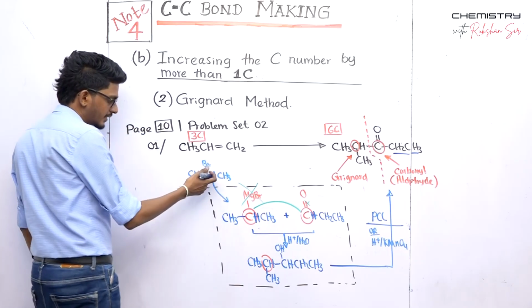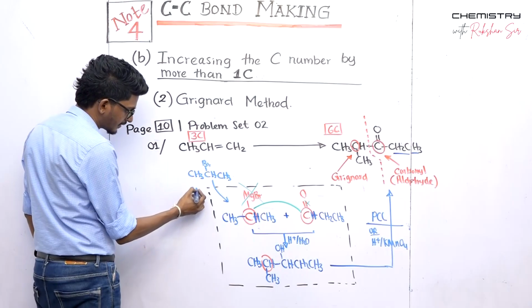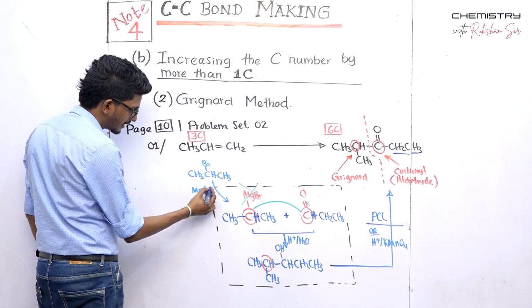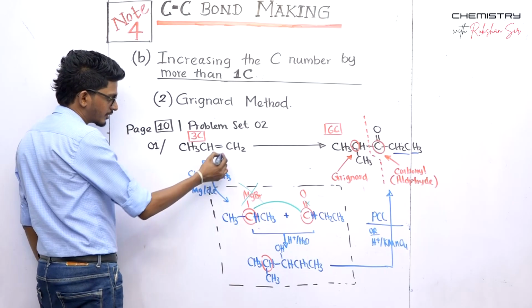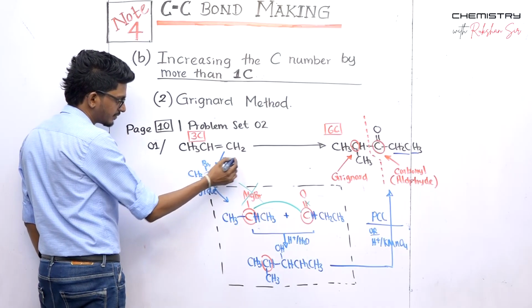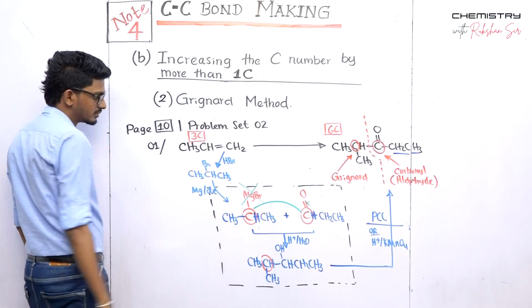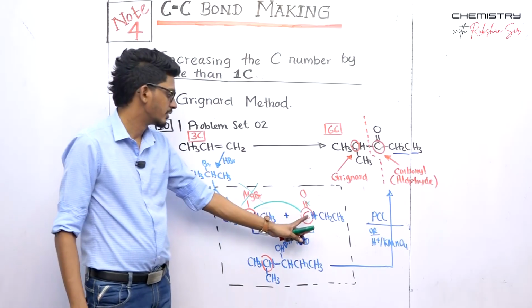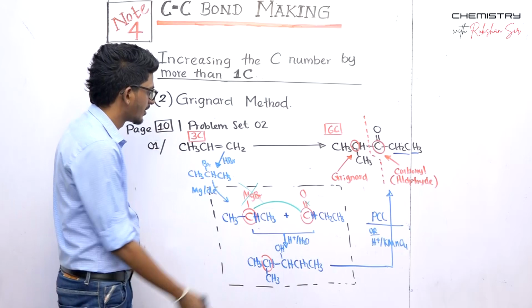MgBrs are made from alkyl halides by adding some magnesium in diether. This could be done very easily with a Markovnikov addition, because Br comes to the center carbon. And here we should come up with a corner functionality.